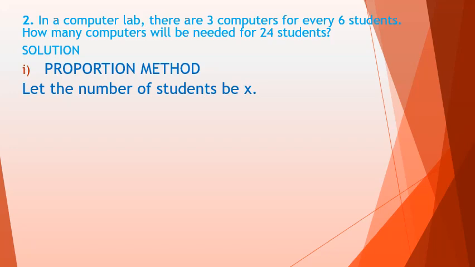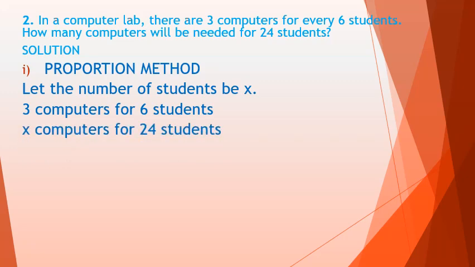Hence, we can give the unknown variable as x. So, just below 3 computers, we write x computers for 24 students. Is it clear? Now we have to write it in the proportion method. 3 is to x.